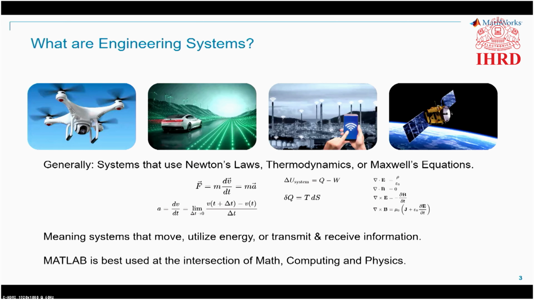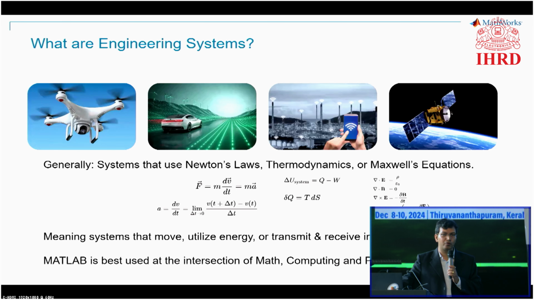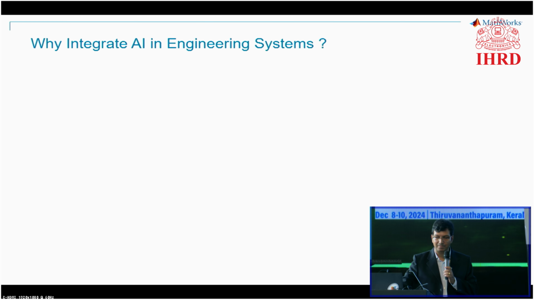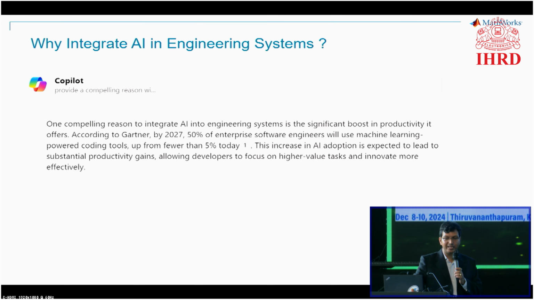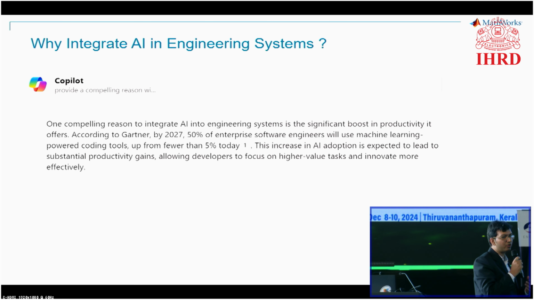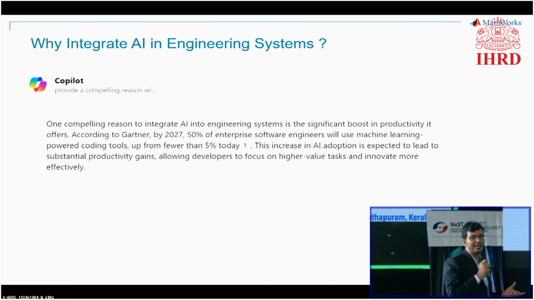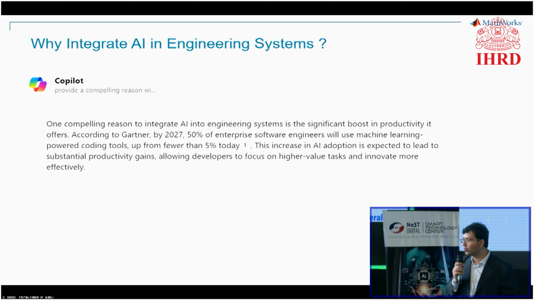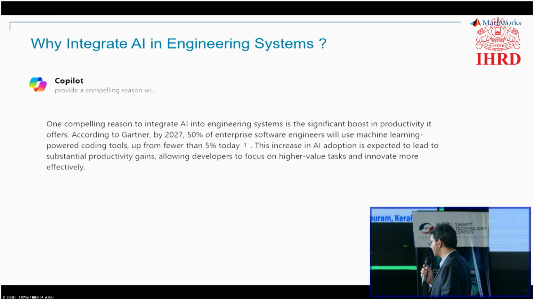So first thing I did was I tried to find out what could be some of the motivating factors that lead us to look at integrating AI in an engineering system. So very quickly, I actually tried to leverage AI only. So if I just look at what Copilot talks about, I just ask it, can you give me a compelling reason that why should I integrate AI with an engineering system?